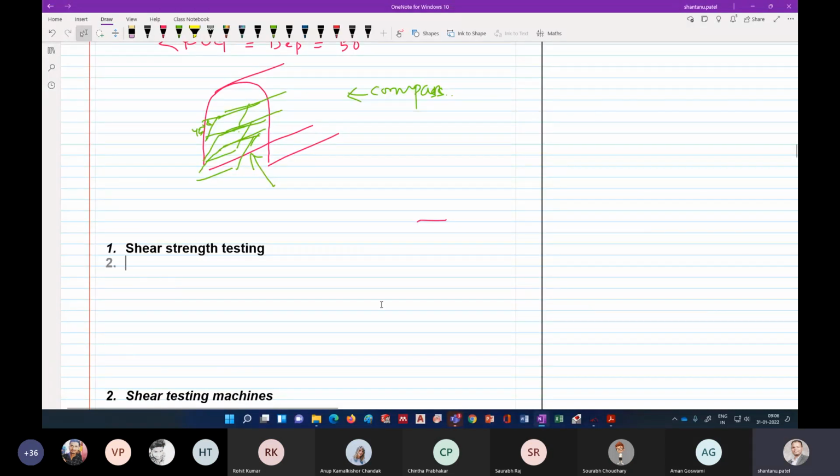Okay, so after orientation, the second thing we are interested in, as I said, if we have this inclined slope and we have our block, we need to know what is the cohesion and what is the friction angle, or maybe the resistance force, right?